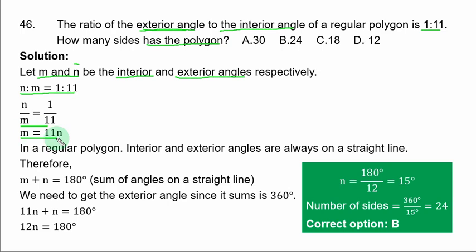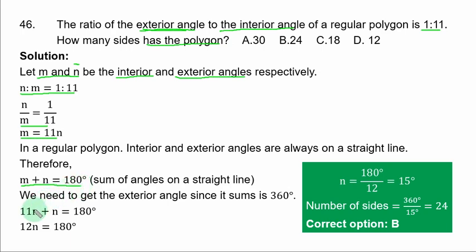Now, in a regular polygon, interior and exterior angles are always on a straight line and their sum is 180. So you have M plus N is equal to 180 degrees. We need to get the exterior angle since its sum is 360 degrees, and that is easier to get.